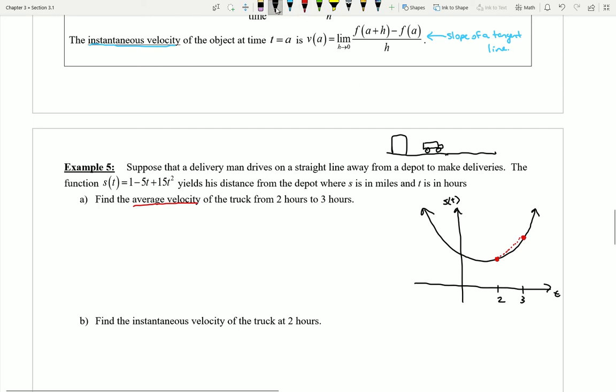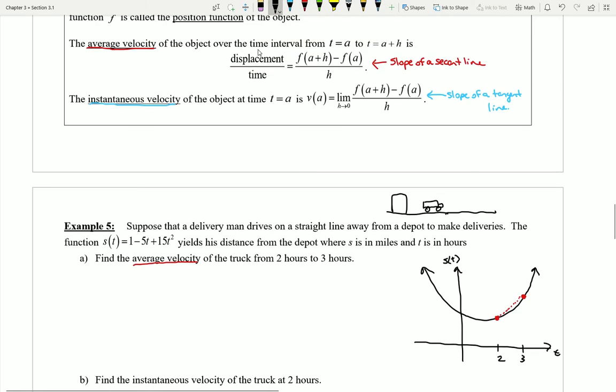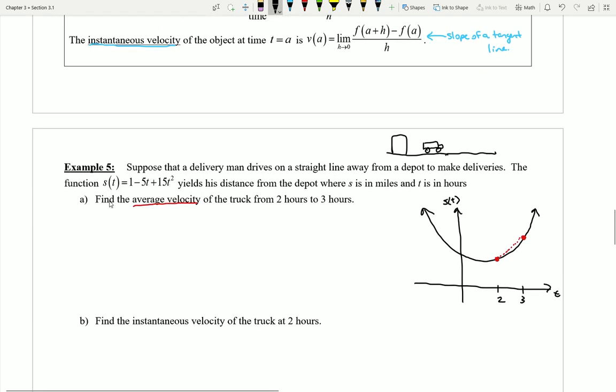That's unbelievably easy to calculate, because that average velocity is just that slope, and we know how to calculate slope. So notice here, I could say that the slope of the secant line corresponds to my average velocity.